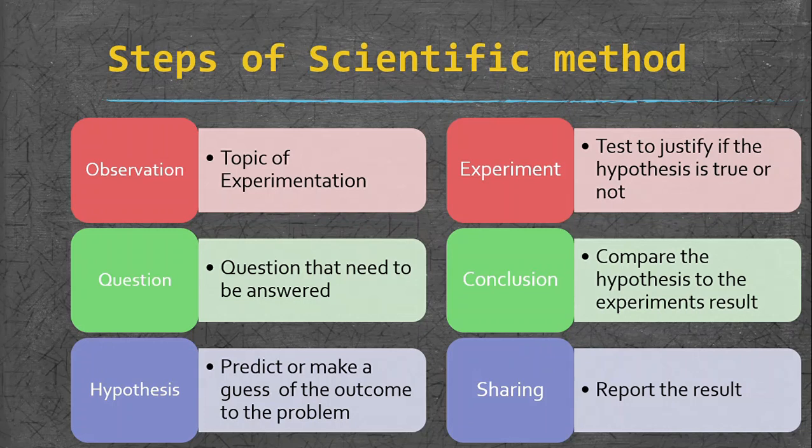We have to go for the test or the close observation of any topic that we want to research. Now we have to design a test to justify if the hypothesis is true or not. We have to list the materials we need. We can write down the steps that we should follow, and we have to collect the data and record it.